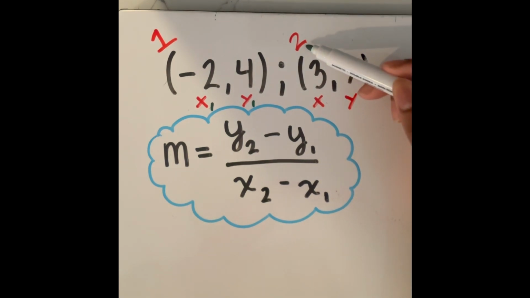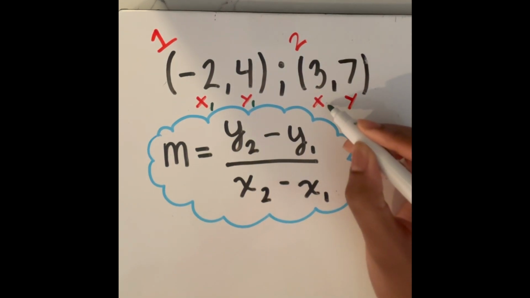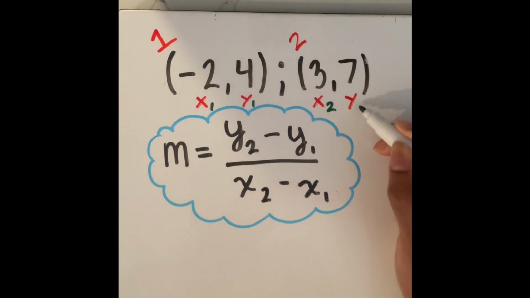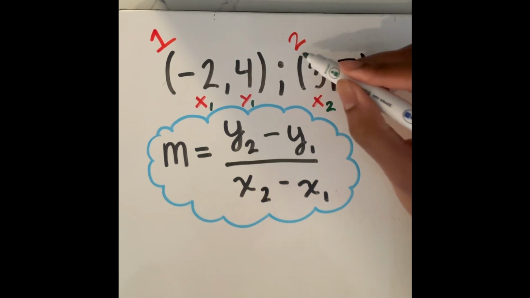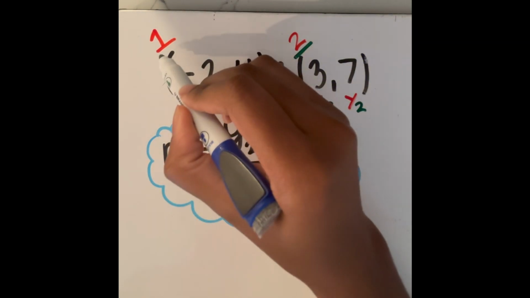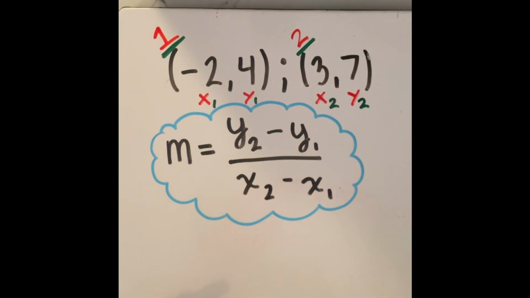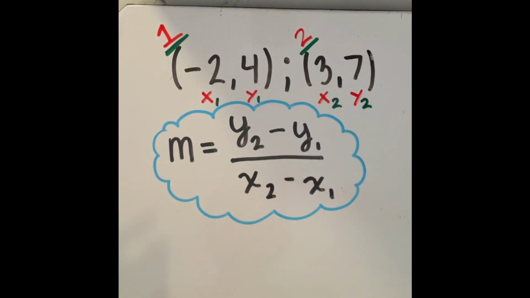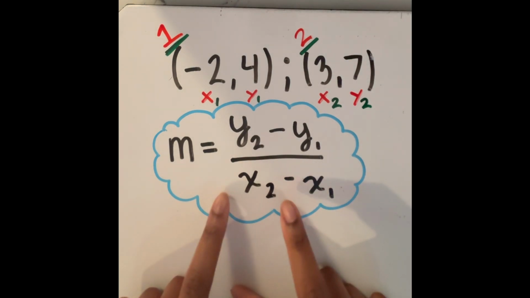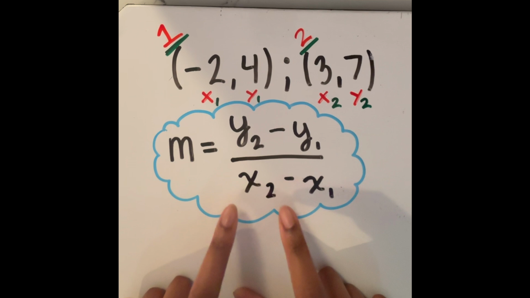And this is our second point, which means this is going to be our x2 value and our y2 value. I'm just going to underline that in green as well, just to show that correlation. But now that we have everything labeled, we can go ahead and move on to plugging this into our formula right here.